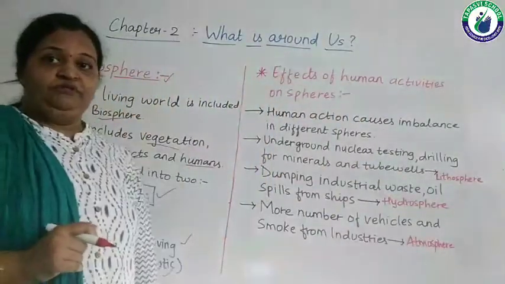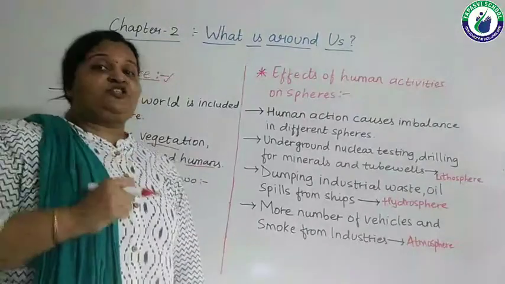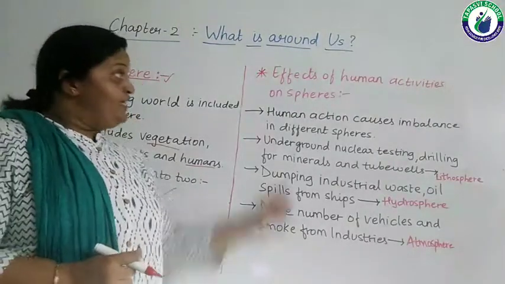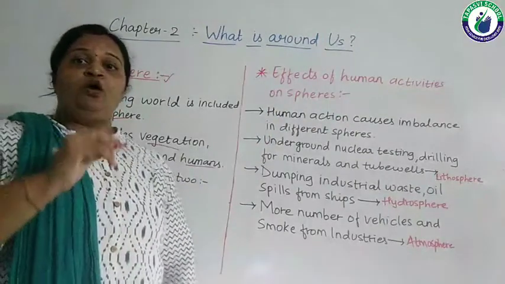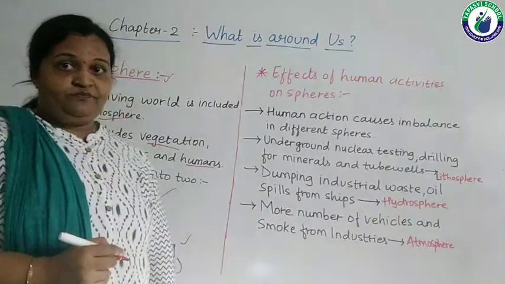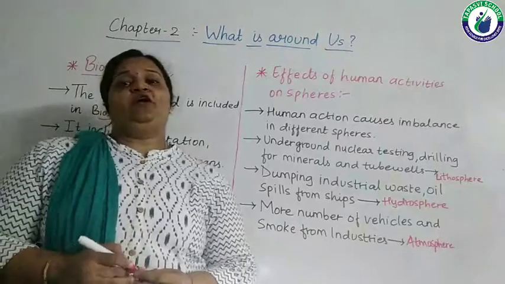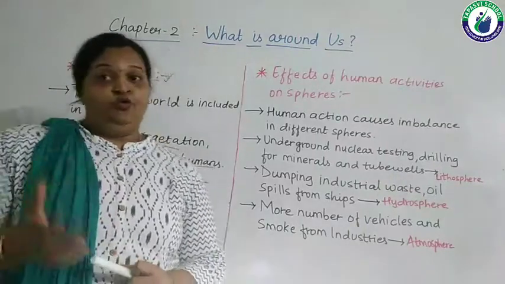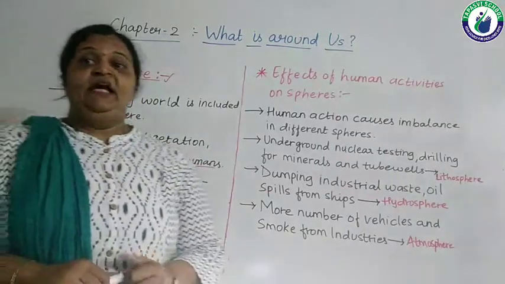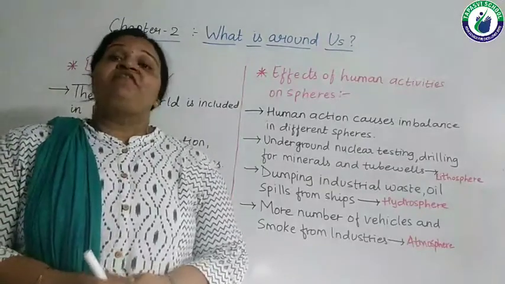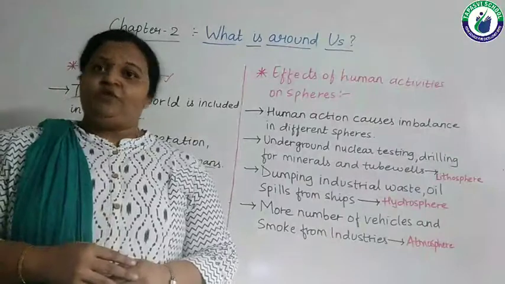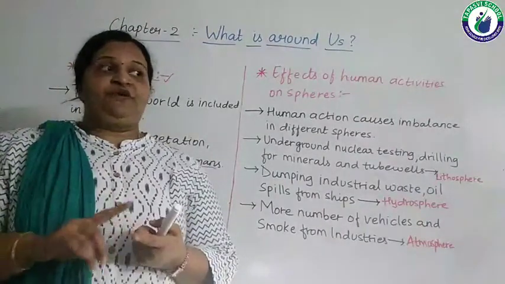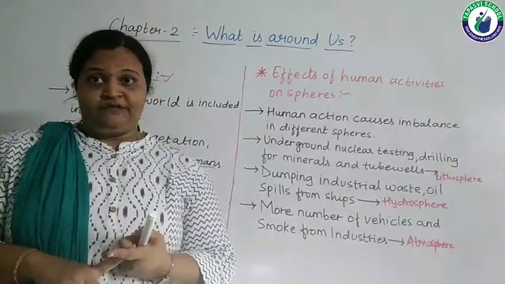Now let's move towards the last topic of this chapter, which is effects of human activities on spheres. Knowingly or unknowingly, we humans, when taking the development process, are harming the spheres, all the three spheres, atmosphere, lithosphere, hydrosphere.